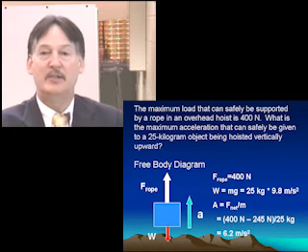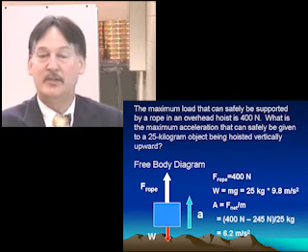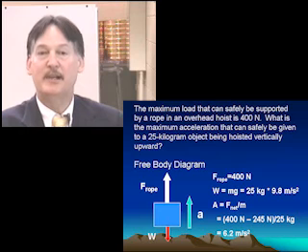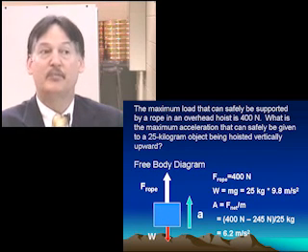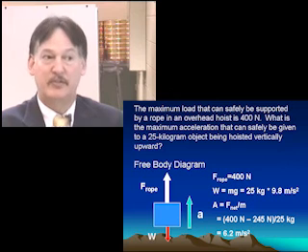The acceleration that the object can safely attain is the net force divided by the mass. Well, the net force is 400 up, 245 down, or a difference of 155.